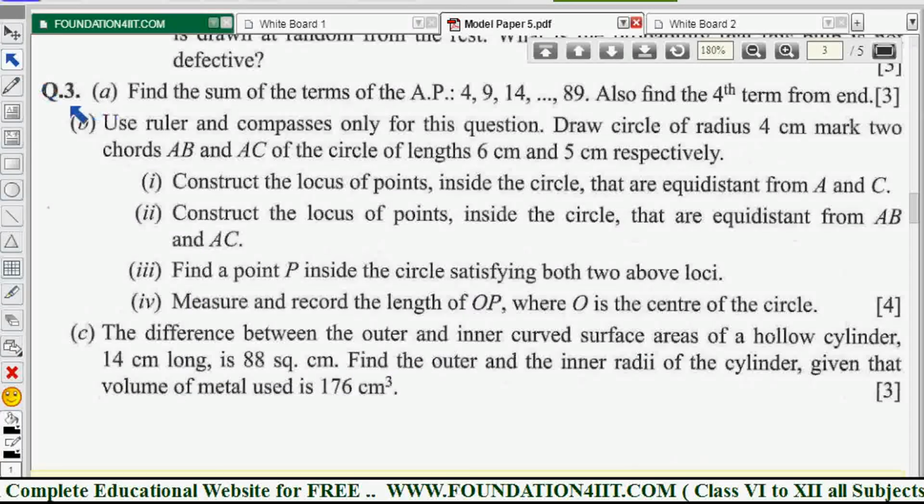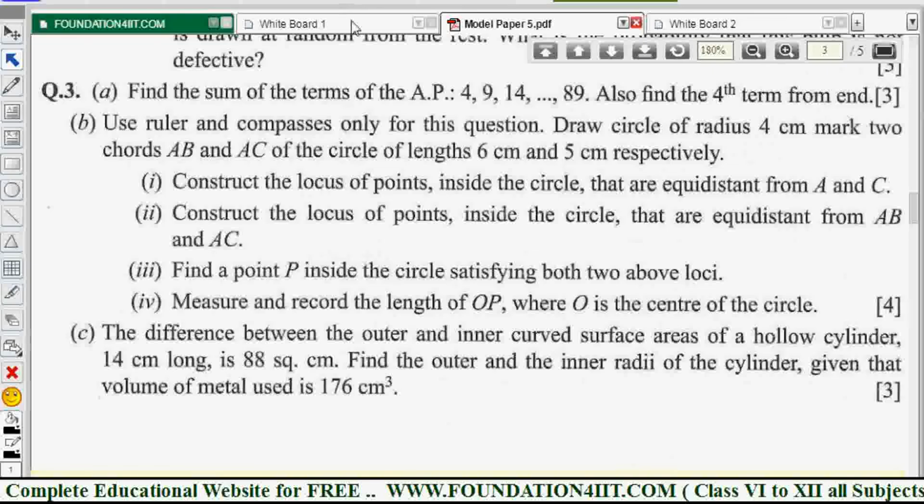So from this paper, question number 3. The first one is to find the sum of the terms of the AP 4, 9, 14 and so on till 89. Also find the fourth term from the end. We need to find the sum of the terms and the fourth term from the end, using the arithmetic progression formulas.